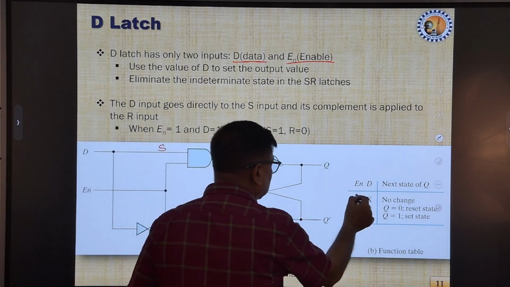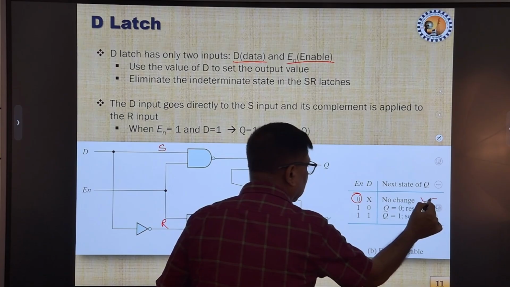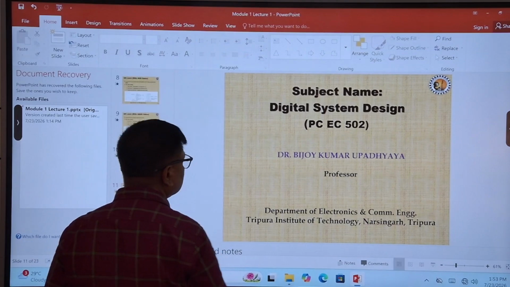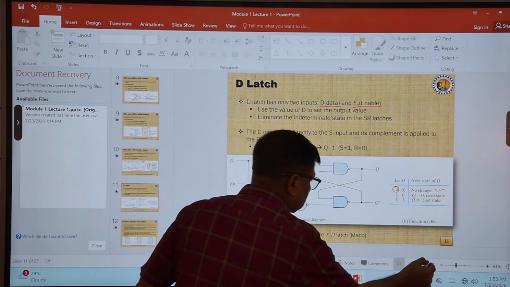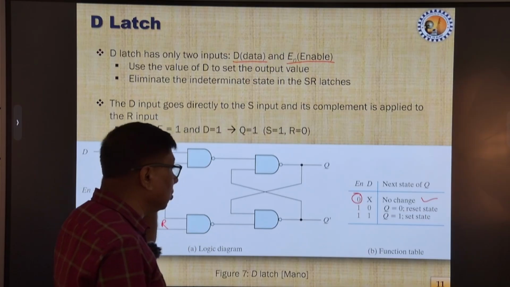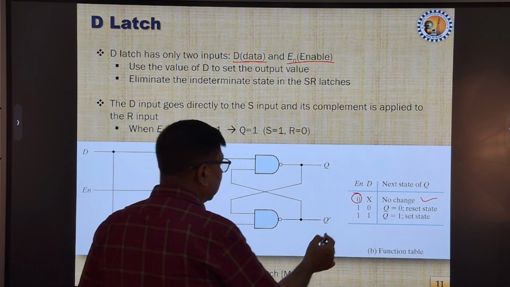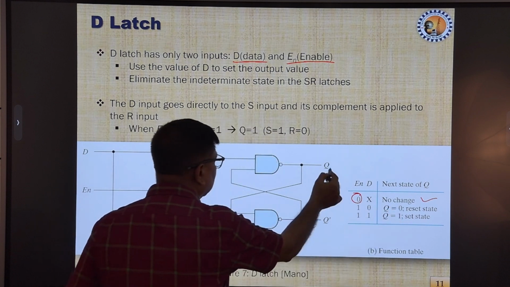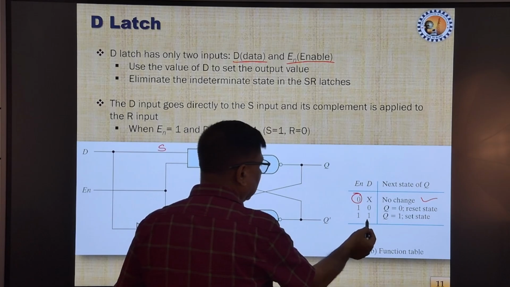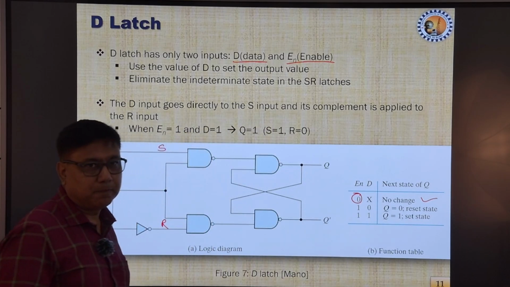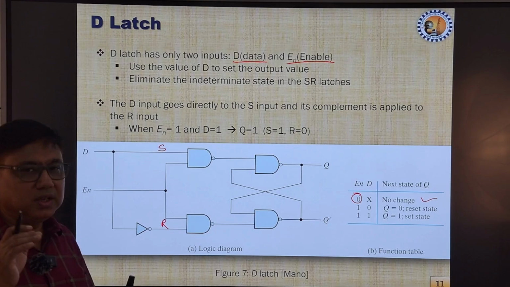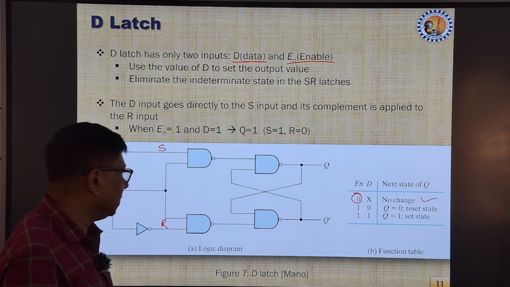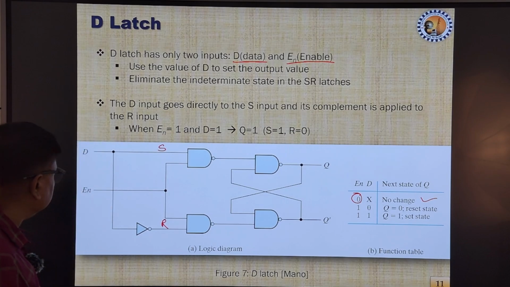When enable is 0, it will not function, rather it will remain in the no change condition. When it is enabled, if D is 0, then Q will be equal to 0, and if D is 1, then Q will be equal to 1. Whatever the input in the D flip flop, its output will be the same when the enable signal is active.